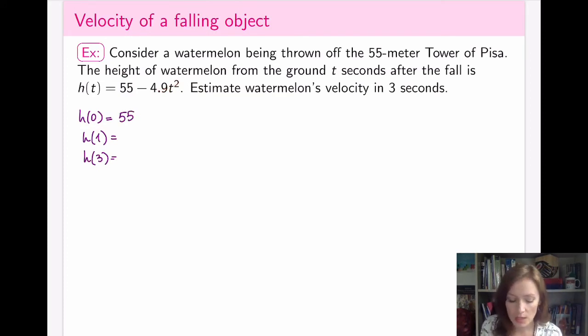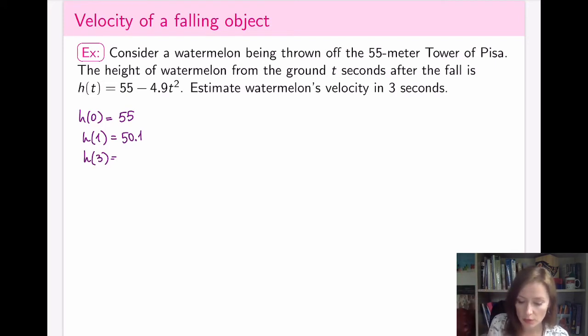Let's compute h of 1. So I plug in 1 here, compute the number. It comes out to be approximately 55 minus my computations. Oh, right. No, I can see it now. It's 50.1. Okay, so after 1 second, the watermelon is approximately 50 meters from the ground.